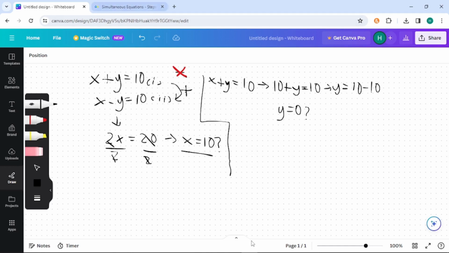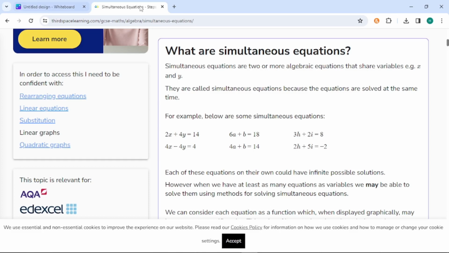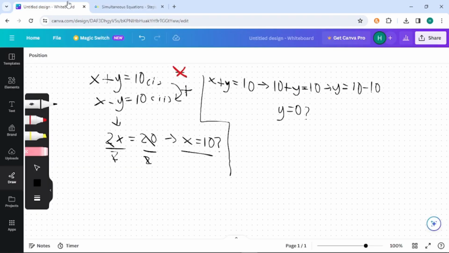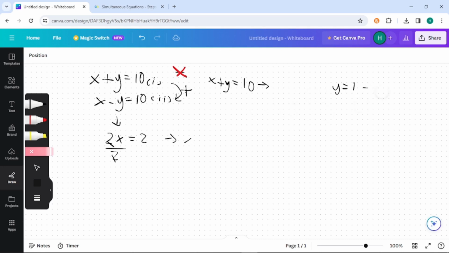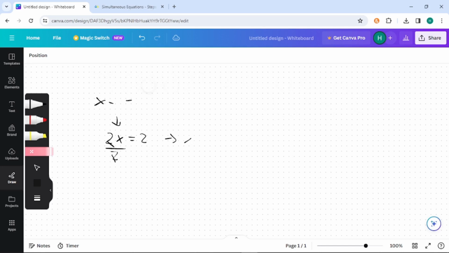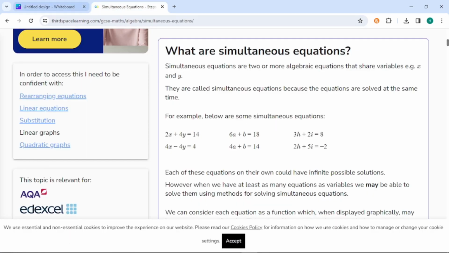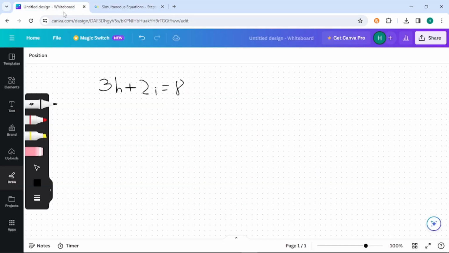So now we have to solve one more question. I am going to solve this question: 3h plus 2i equals 8, and 2h plus 5i equals -2.